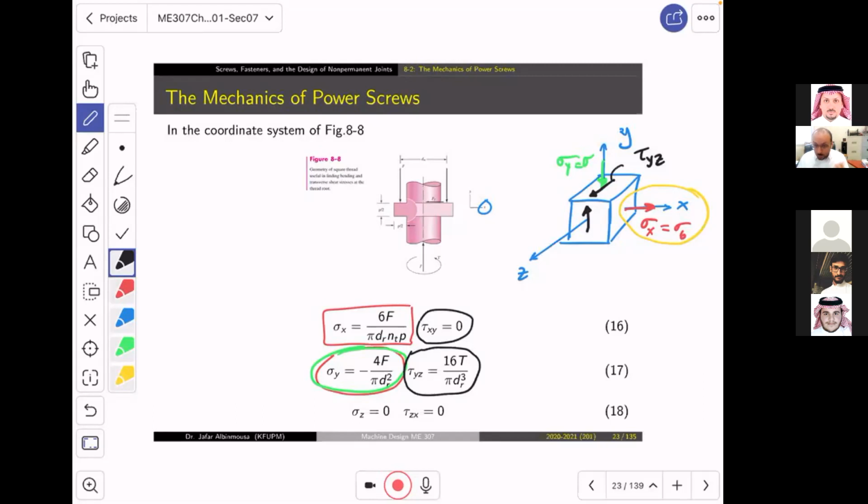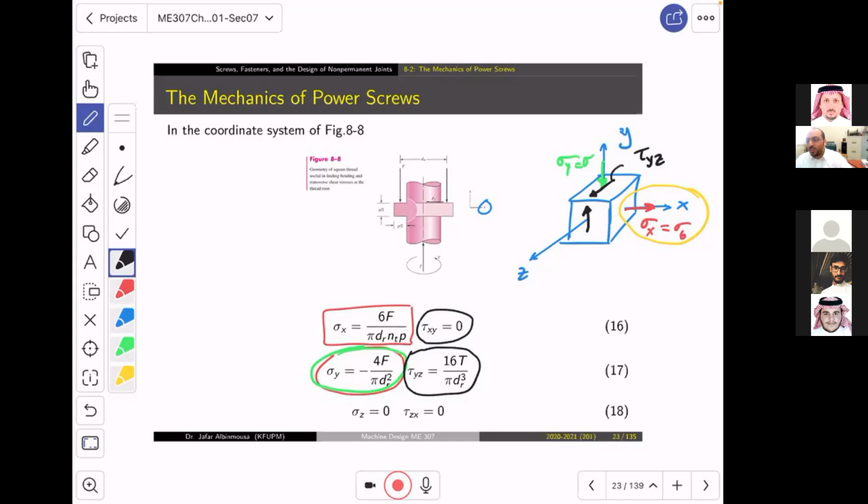So what happened here is that this x is a principal. We don't need to worry about it anymore. We don't need to calculate it. Sigma x, since it acts on a face which doesn't have a shear, is a principal. It's over.